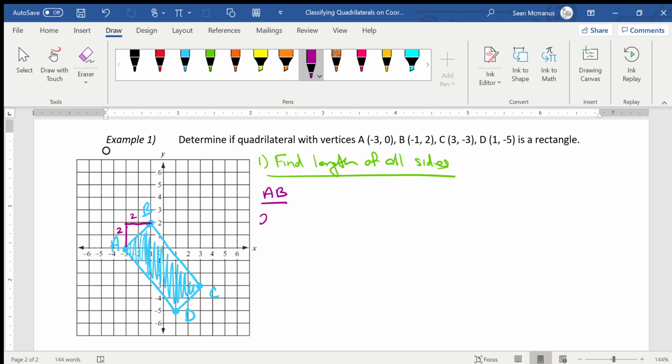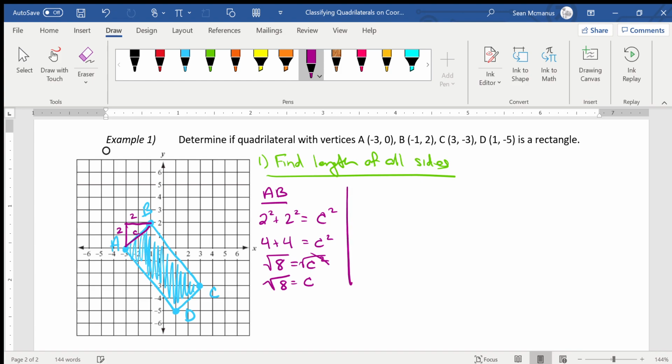So for AB, I know 2 squared plus 2 squared equals C squared, C is the one I don't know. So 2 squared is 4, so 8 equals C squared. So C, if I take the square root of this, C is the square root of 8. So that's the length of AB.